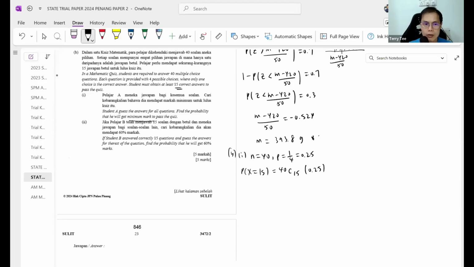Do you remember the formula? The formula for this is P(X = r) = nCr p^r q^(n minus r). This formula is given in the formula list. So this is 0.25 power 15, 0.75. Your q and p, remember, add together to always make 1. q is 1 minus p, 1 minus 0.25 is 0.75, and this is power 40 minus 15.